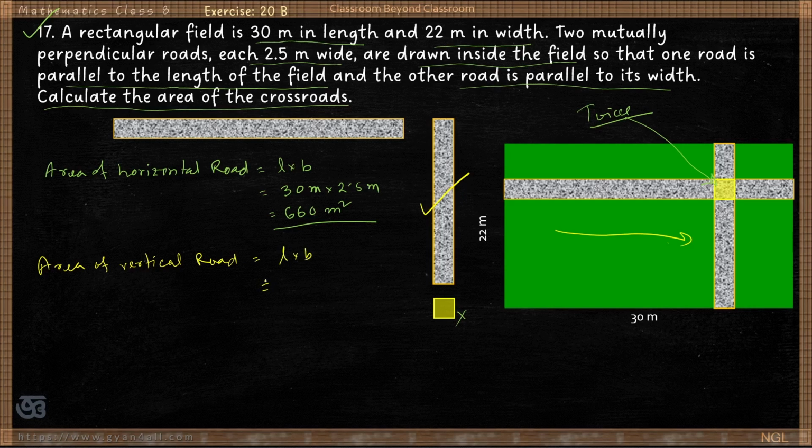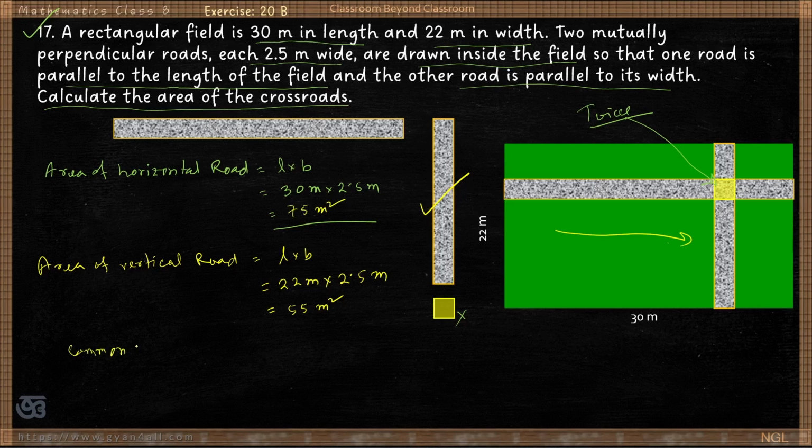The length of the road is the width of the field. That means this time it is 22 meters, and breadth is width of the road, that is equal to 2.5 meters, and this is equal to 55 meters square. Sorry, this is not 660, this is actually 75 meters square.